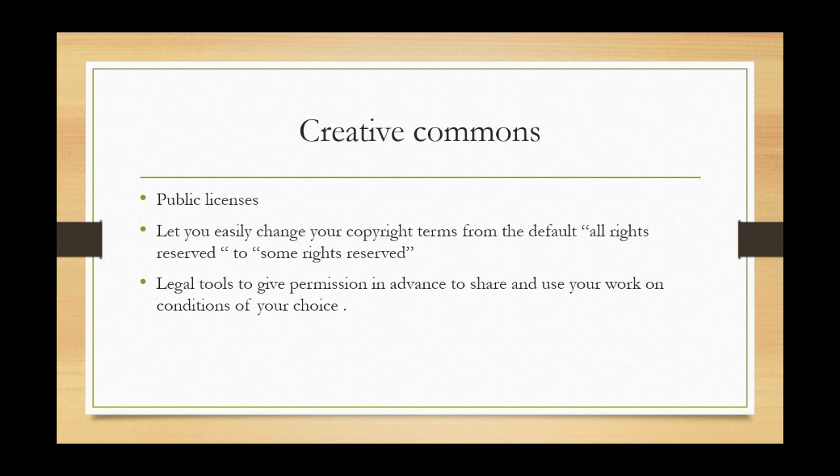So Creative Commons licenses let you easily change your copyright terms from the default, which we call all rights reserved, to some rights reserved. They are legal tools to give permission in advance to share and use your work on conditions of your choice.